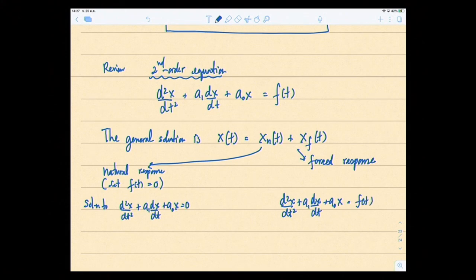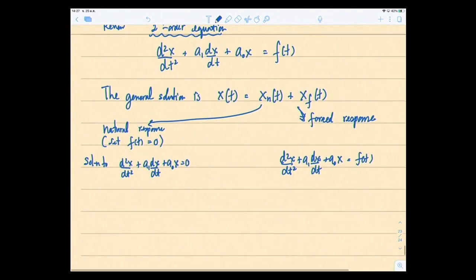So you have to find these two solutions, xn and xf. Well, let's do the natural response first, to find xn of t.